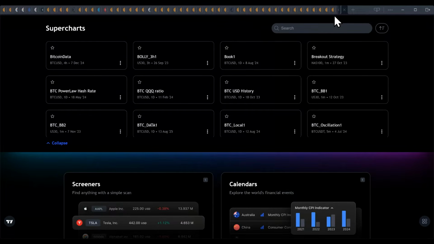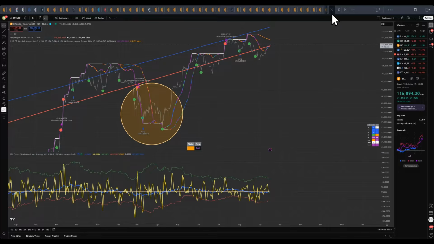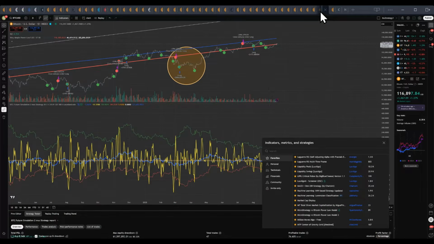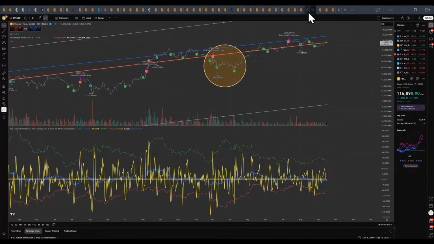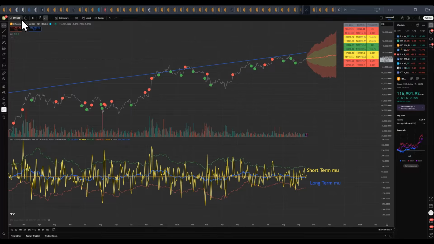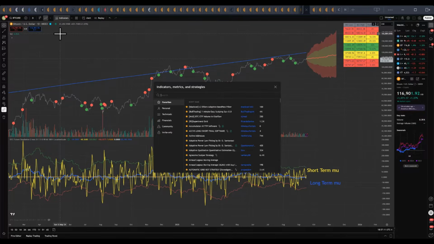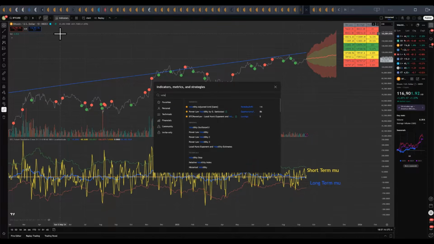Maybe I can open it together. Cover law volatility, this one.